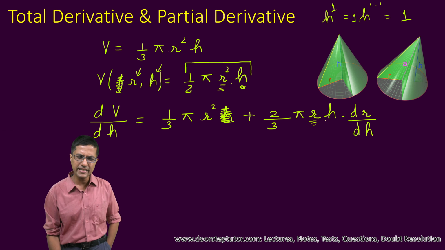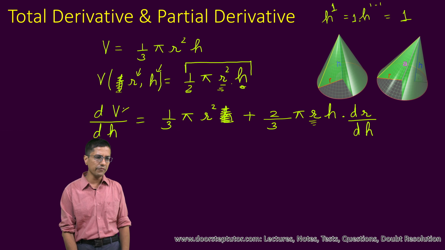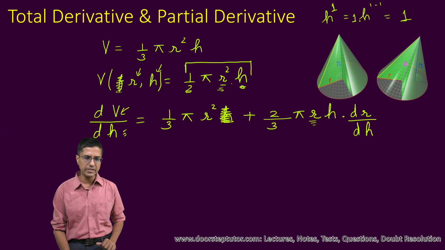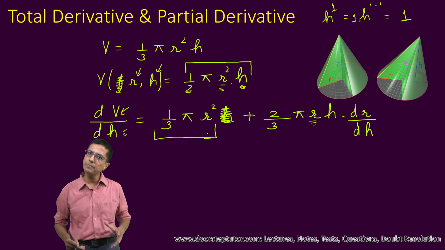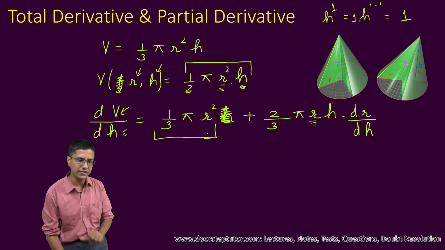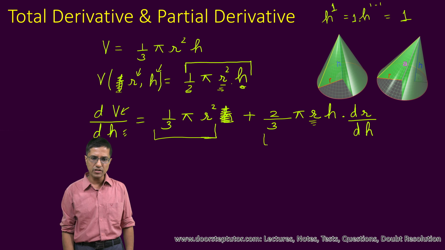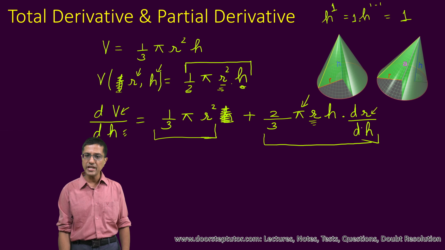What does it say? It says that the rate of change of volume with respect to height has two components. First is the rate of change of volume with respect to height itself, which is very simple: as I change the height, how does the volume change? The second component is the change with respect to r. First we have computed the change with respect to r directly, and then how does r change with respect to h?